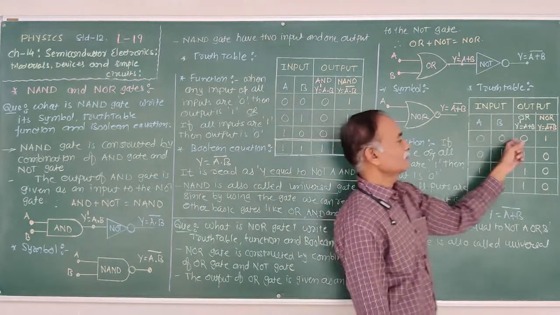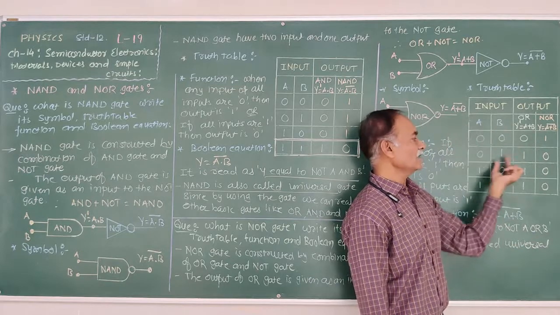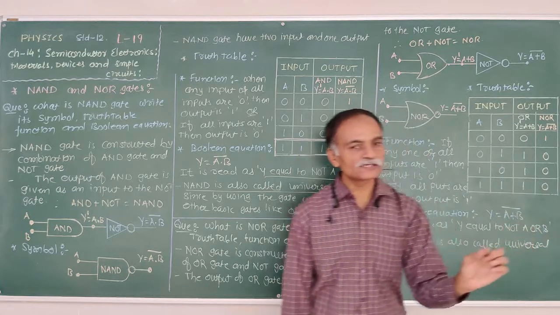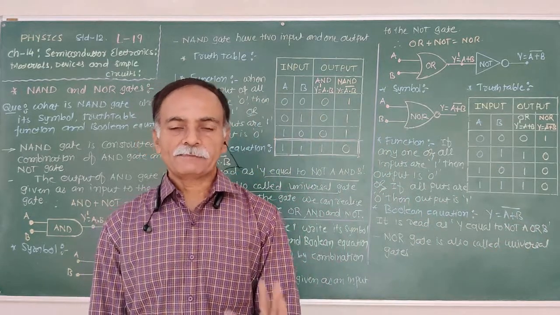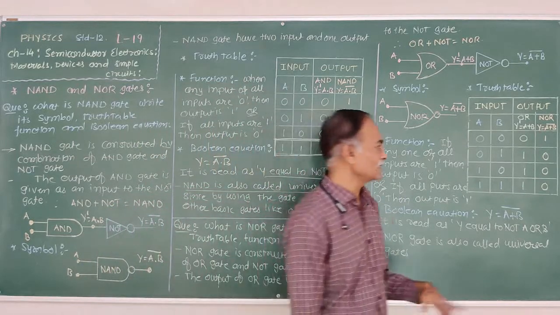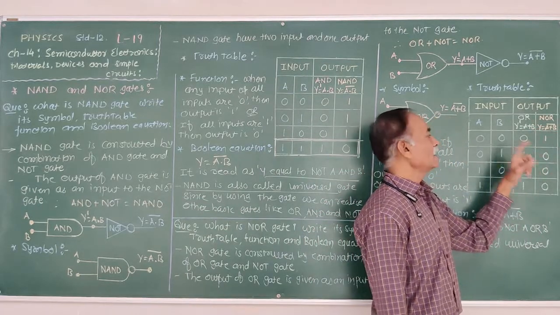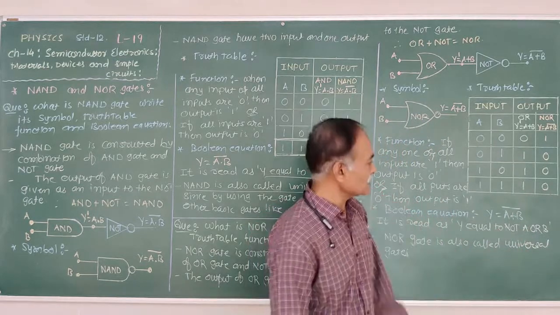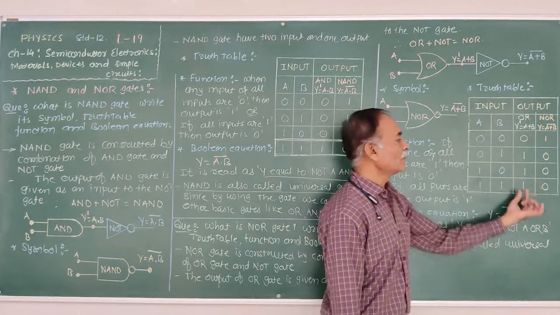Or in other words, if any one input or all inputs are 1, output is 1. At present, we are discussing the truth table for the OR gate, not NOR. Keep in mind that.